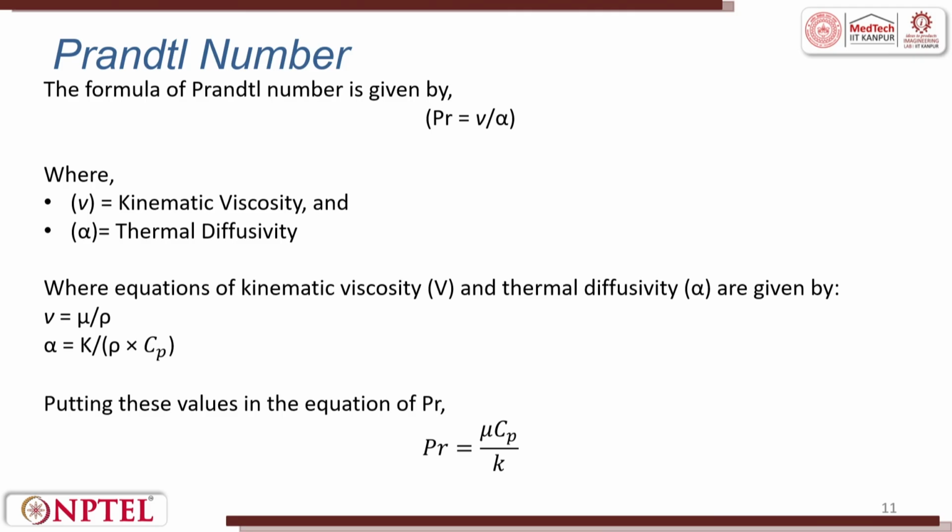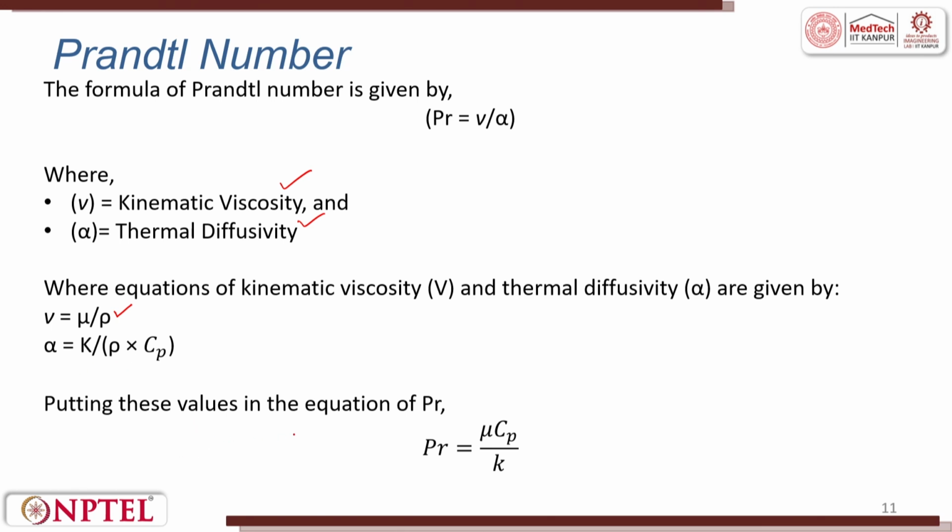Now, the Prandtl number formula is given by Pr equals nu by alpha, that is kinematic viscosity by thermal diffusivity. This part also we have discussed before, where equations of kinematic viscosity and thermal diffusivity are given. Kinematic viscosity is mu by rho and diffusivity alpha is K by rho into Cp.